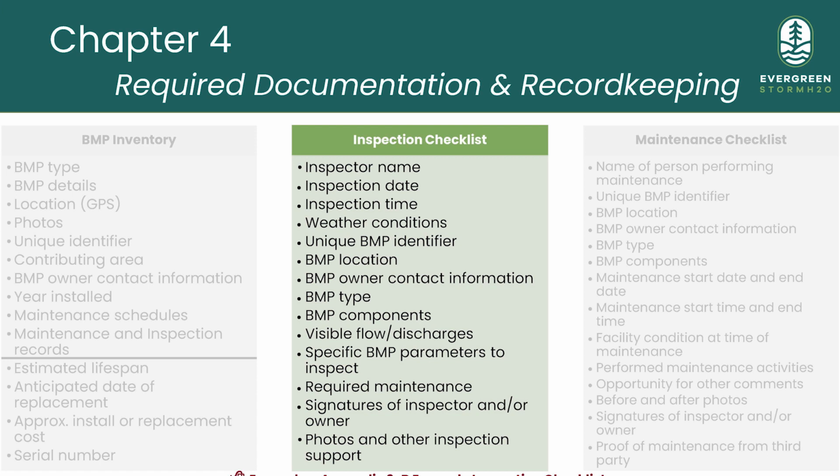So figuring out what that checklist looks like is up to you, especially if you were the one doing the inspections. So some of the information that is helpful to develop these are the inspector name, date, and time, weather conditions, again, having that unique BMP identifier that you can then connect back for different databases.